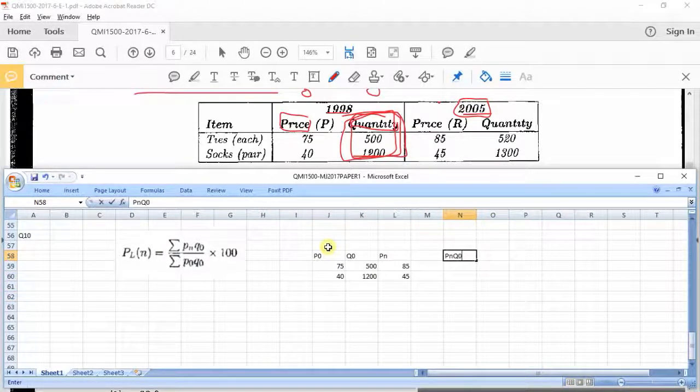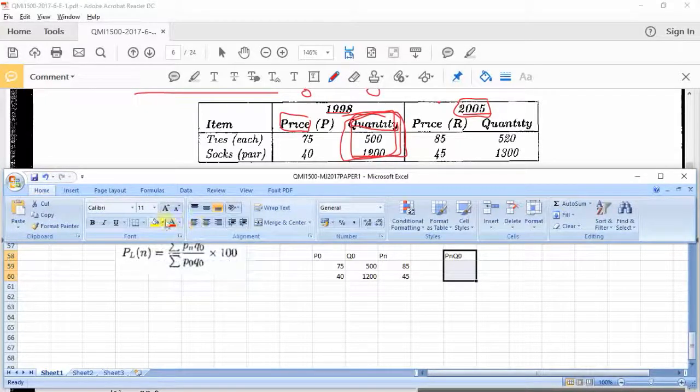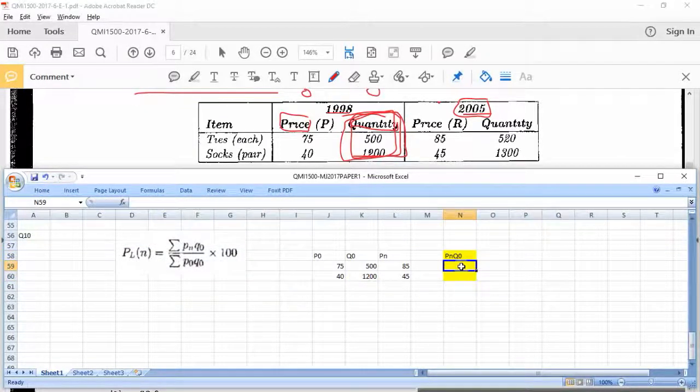So what do they want me to do? They want me to calculate PN times Q0. That's the numerator. So it's this times Q0, and I do the same thing for the ties and the socks.